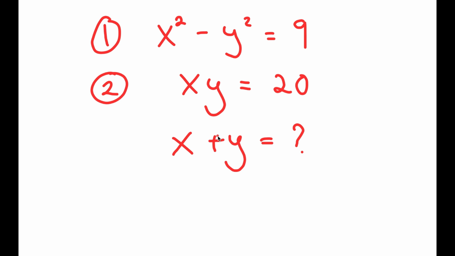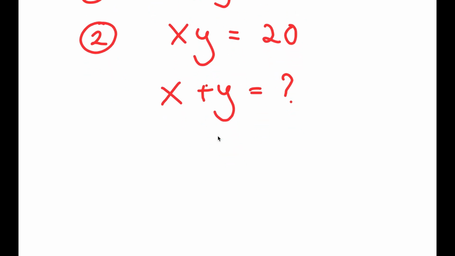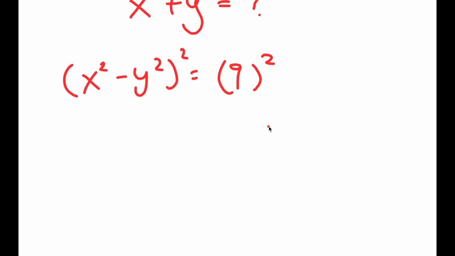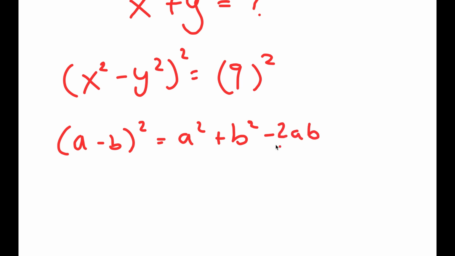To solve this, I'm going to first write down equation 1, and I'm going to square it on both sides. So I get (x squared minus y squared) squared is equal to 9 squared. Now, if I have something in the form (a minus b) squared, this is equal to a squared plus b squared minus 2ab.